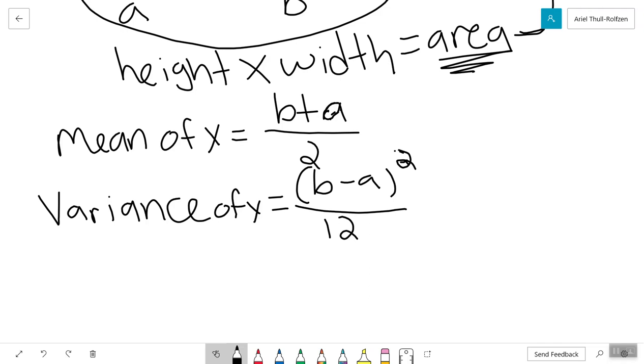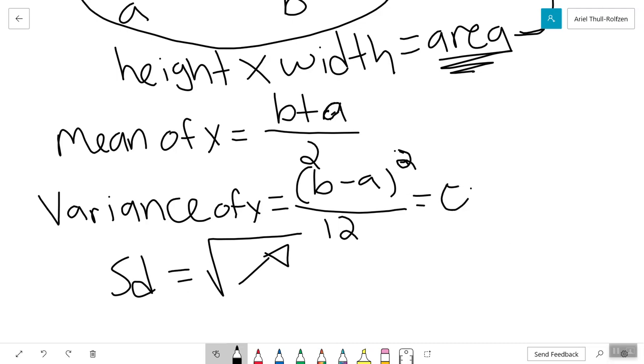And like I said, the standard deviation equals the square root of all of that fun stuff up there. And for these problems, the variance is going to have a sign of sigma squared, that little loop-de-loop, and the standard deviation is going to have a sign of sigma.